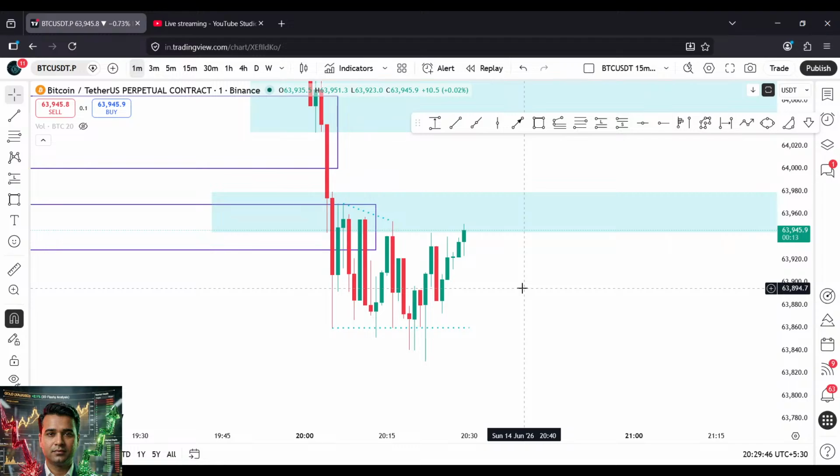Price is trying to go up, but it needs to cross those barriers we have marked here. Just break to upside.